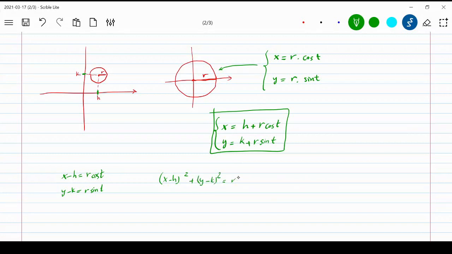This would be r squared. You can factor out an r squared: cosine squared of t plus sine squared of t. This is simply 1, so you can ignore it. So what we get is basically r squared equals x minus h squared plus y minus k squared. And this is exactly the equation of a circle with center h, k and radius r.